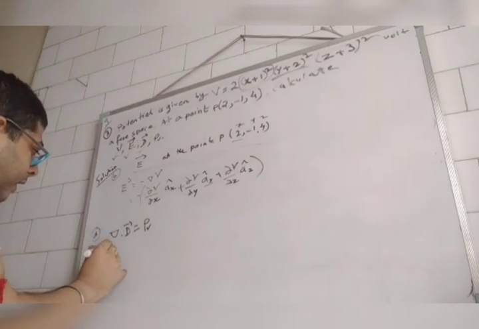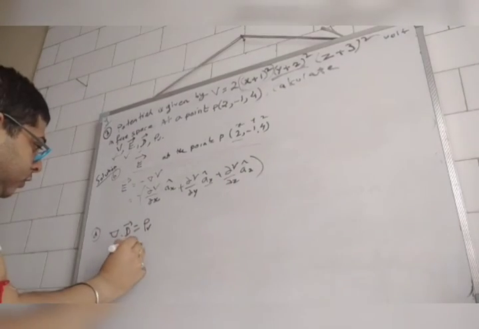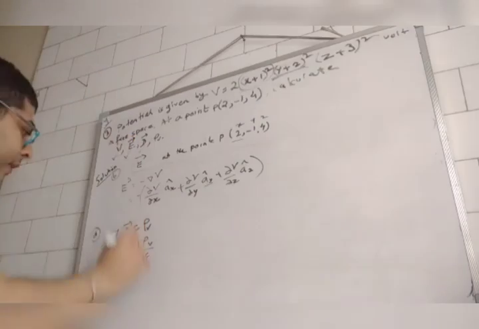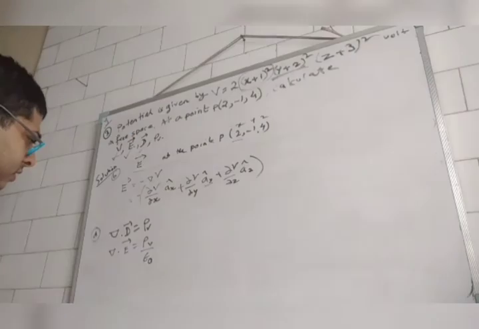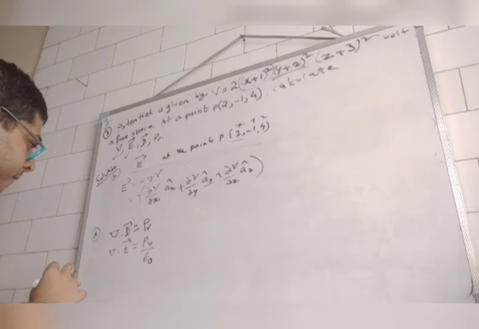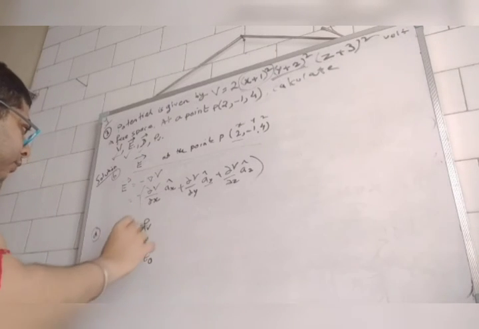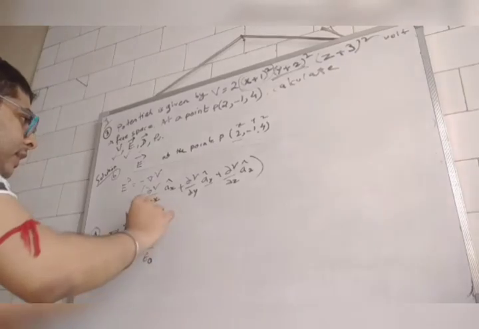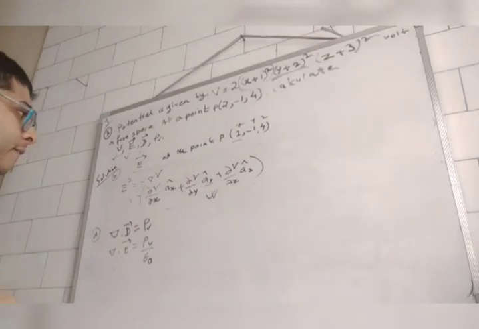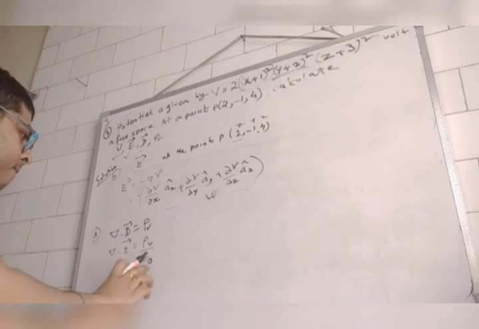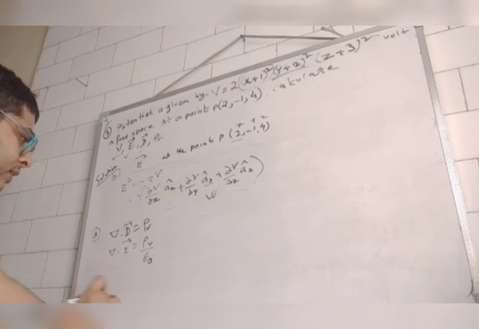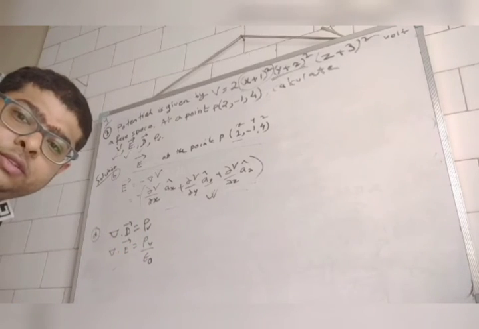And we can write from here del dot E is equal to rho V by the permittivity. And here you have free space, so you can write epsilon naught. Because D is equal to epsilon naught E, we have seen this. So what we need to calculate, if we calculate the divergence of E, and if you multiply this by the permittivity of free space, then you will be getting the rho V.